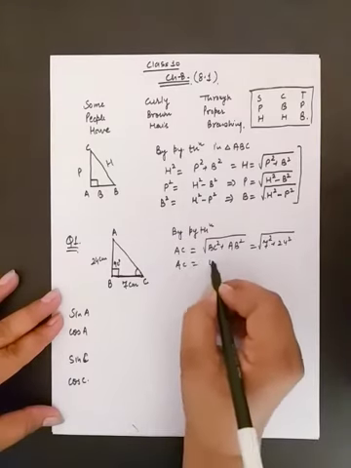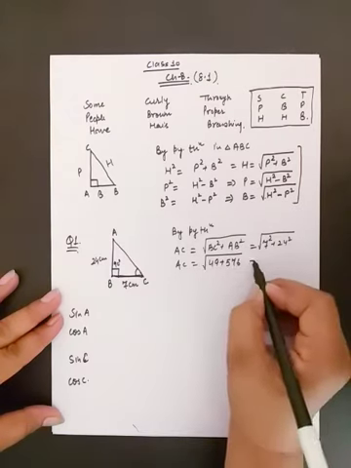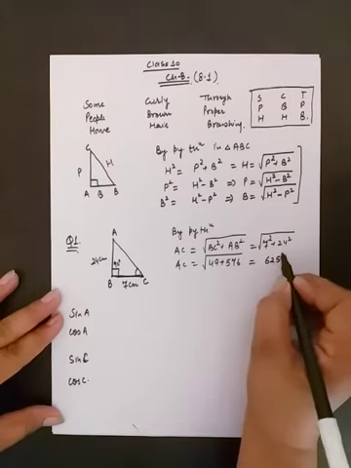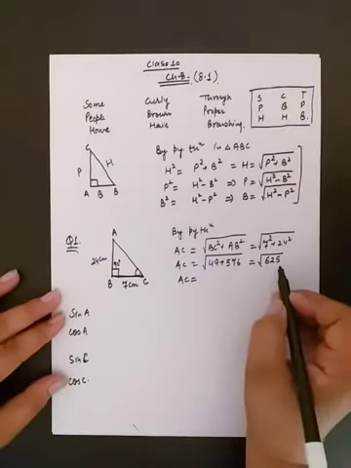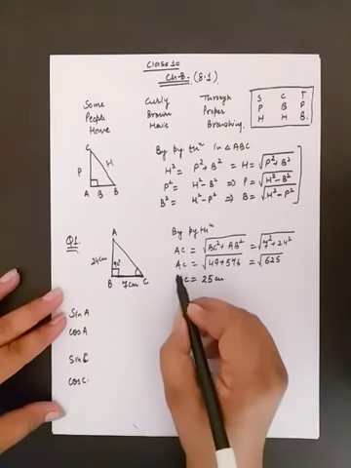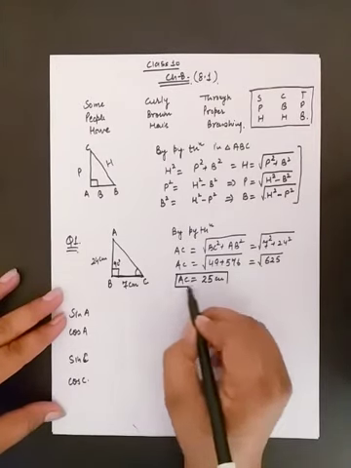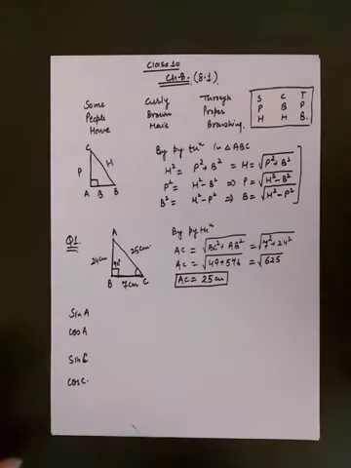So AC will be 49 plus 576 and this is 625 under the root. So therefore by taking square root of 625 we will get 25 centimeter. So our missing side is 25 centimeter and we can write it here now.